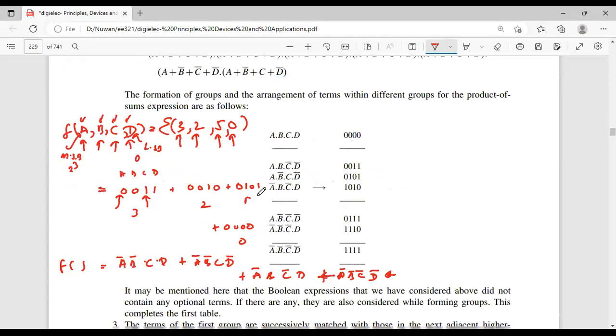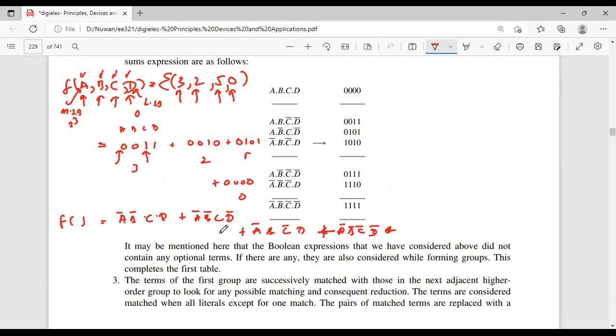You have to group them according to the number of ones. So this term has the least number of ones, that means there are no ones, only zeros. So it will be one group, A bar B bar C bar D bar.